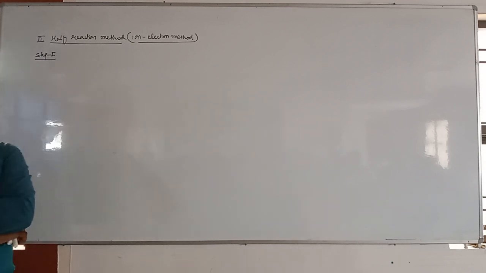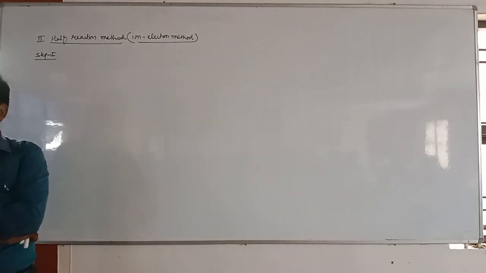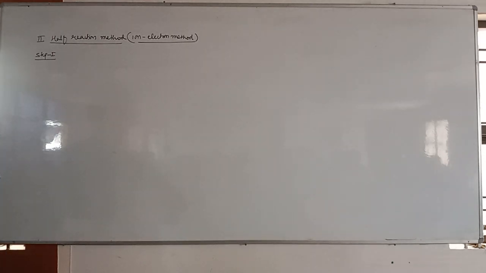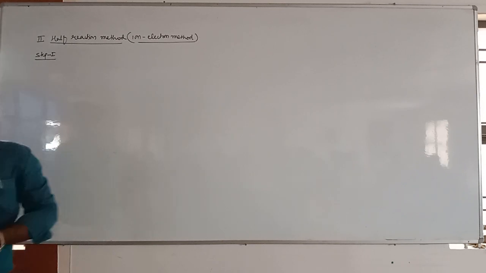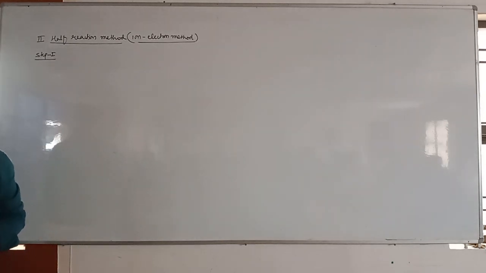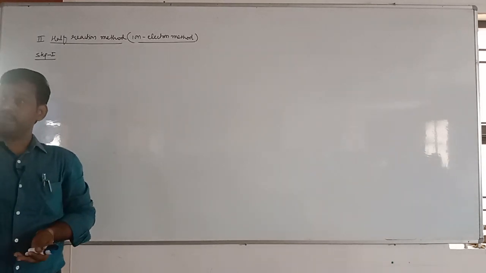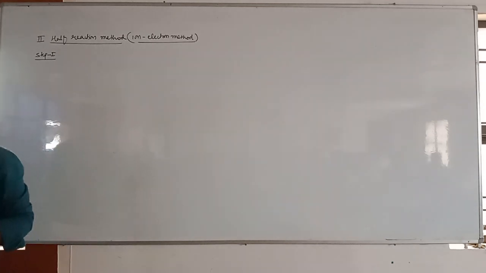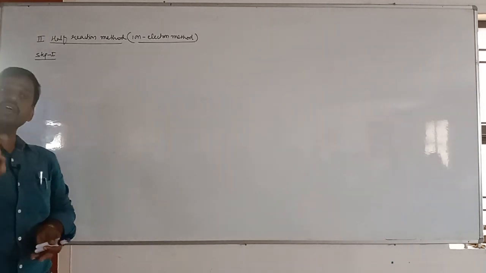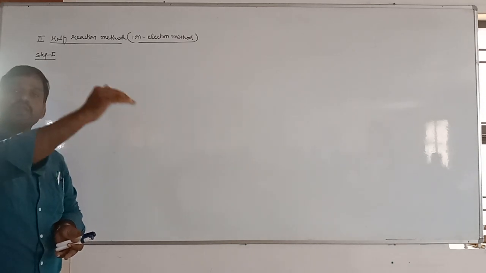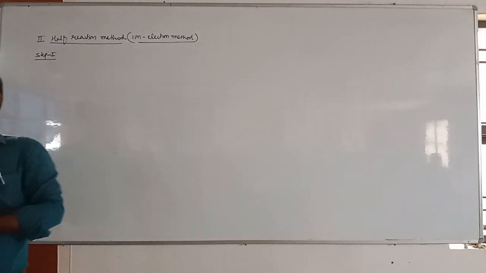Next, balance hydrogen. Hydrogen can be balanced by two methods, acidic medium and basic medium, as in the oxidation number method. In acidic medium, hydrogen is balanced by adding the H plus ion to the side of deficiency. Whereas in basic medium, hydrogen is balanced by adding water molecule to the side of deficiency and an equal number of OH minus should be added on the opposite side.